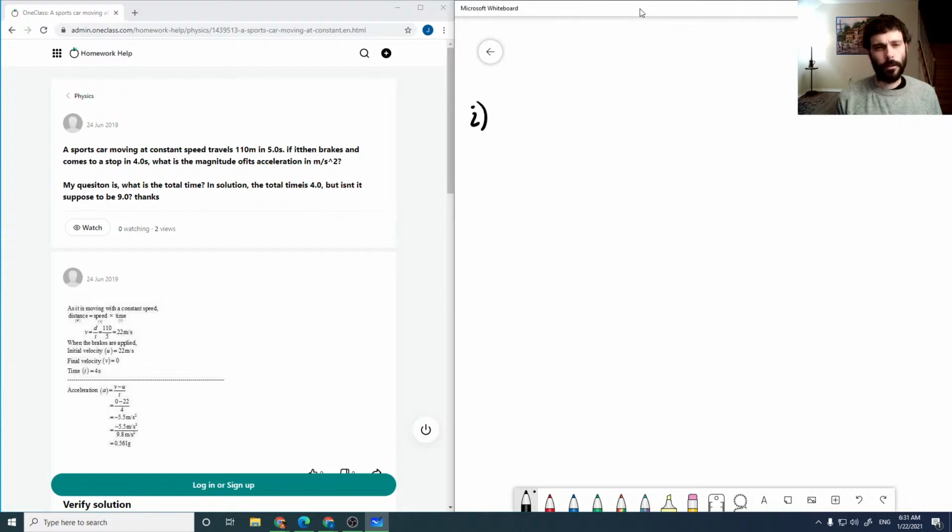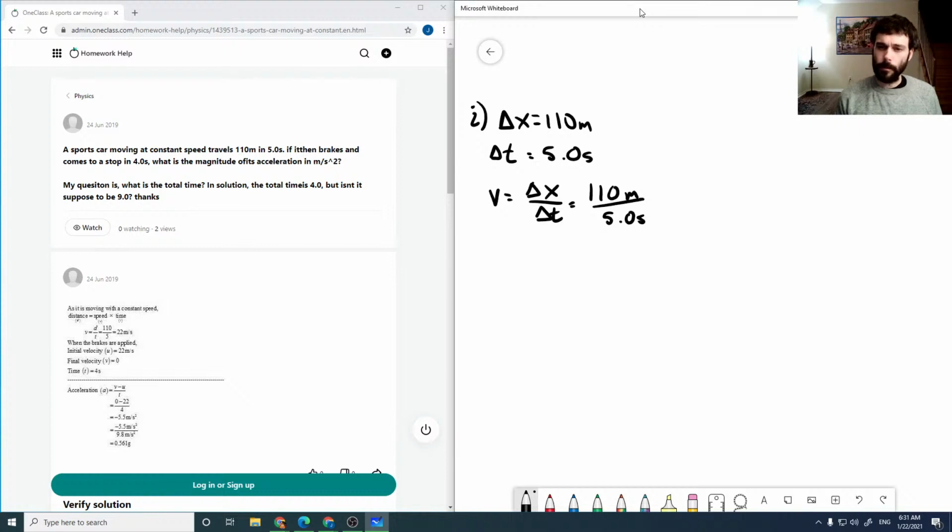There are really two parts here. First, we travel a delta x of 110 meters in a time, or delta t, of 5 seconds, and so our velocity is delta x over delta t, which is 110 meters over 5 seconds, which is 22 meters per second.